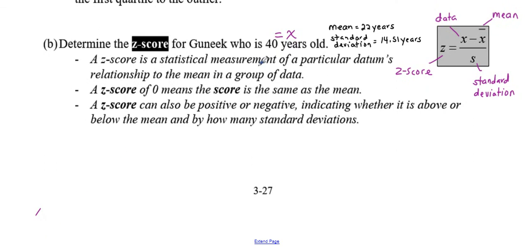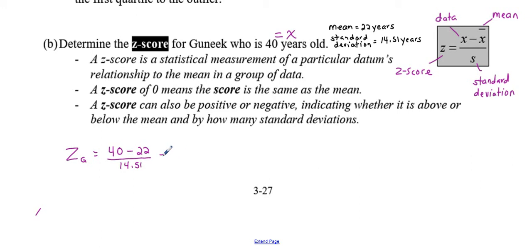Now, to be able to calculate a z-score, you would have to know the mean and the standard deviation. You would be able to calculate those based on our data and previous lessons. So the z-score, with a little subscript for Ganeek, is her age minus the mean, divided by the standard deviation.